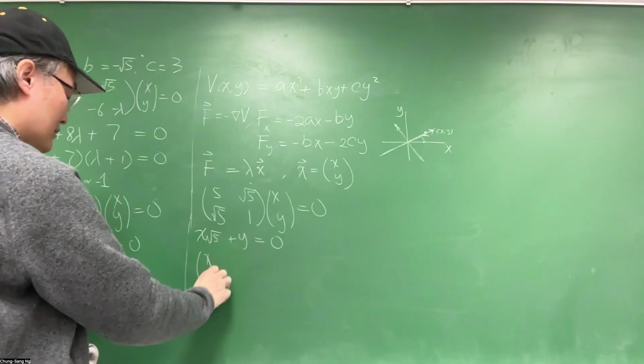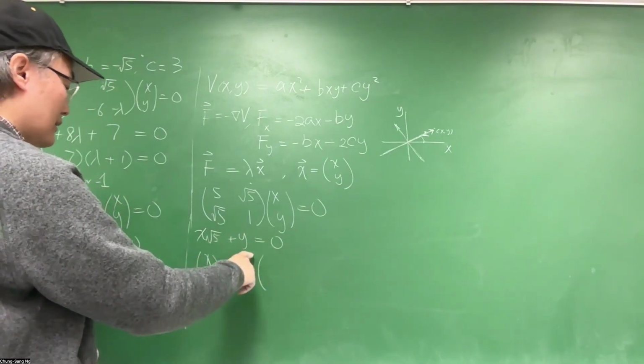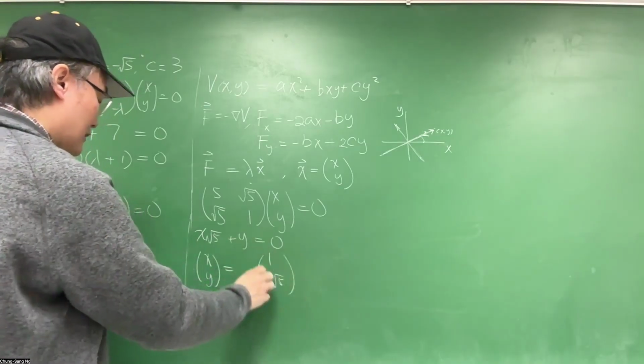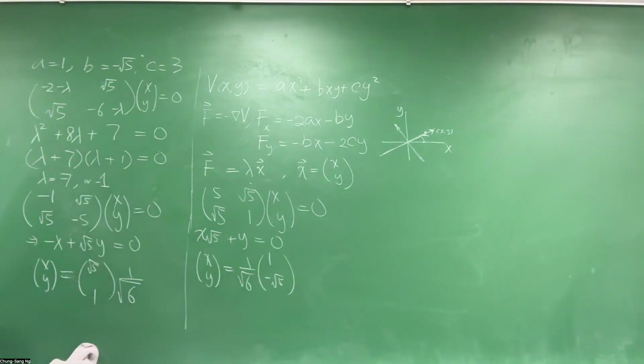So xy is 1, minus square root of 5, and again you can normalize that. That will give you the second eigenvector.